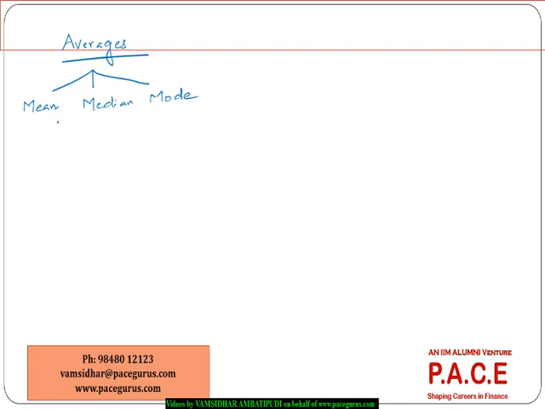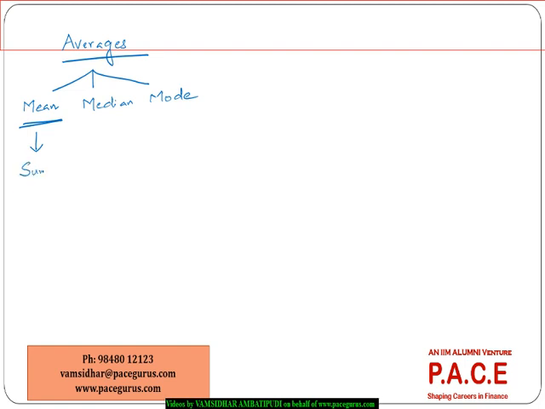And out of them, though all three of them are used, mean is one of the most popularly used measures of average in case of risk management. Now, whenever we are talking about the word average, we know the mean, we know the definition straightforward.